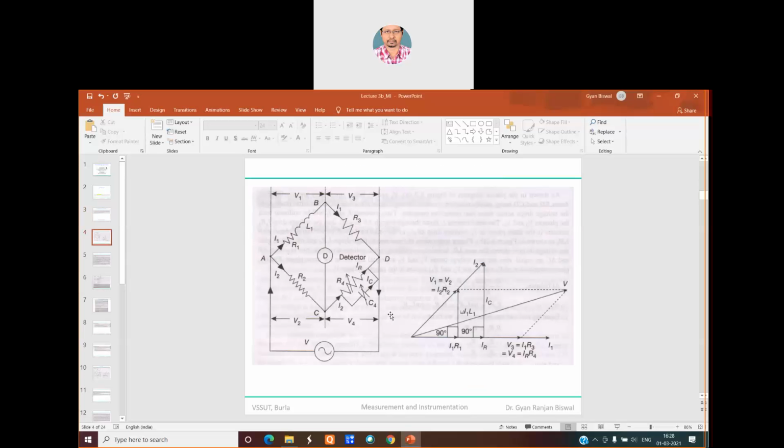So here you see in the first arm R1 is connected with L1. Don't be confused, this R1 is not an additional resistance in the circuit. When you construct the original bridge, only inductance is there, but here R1 indicates the amount of resistance available in this inductance.